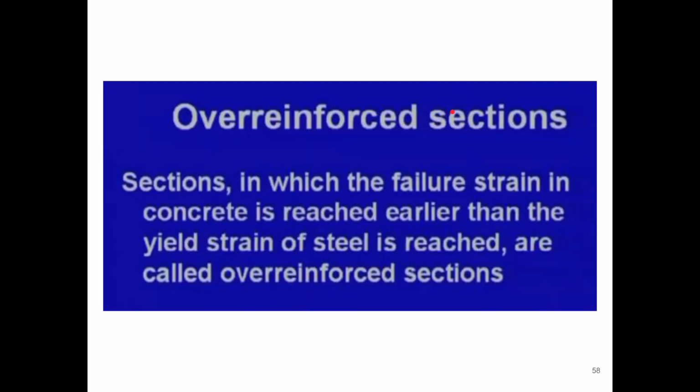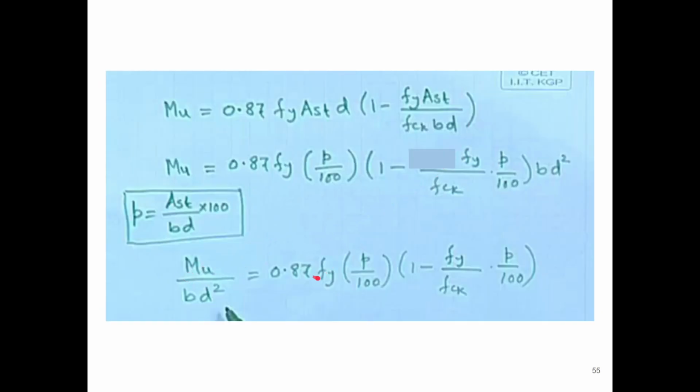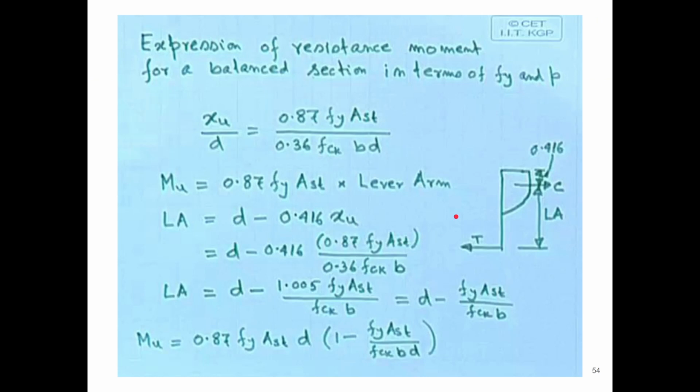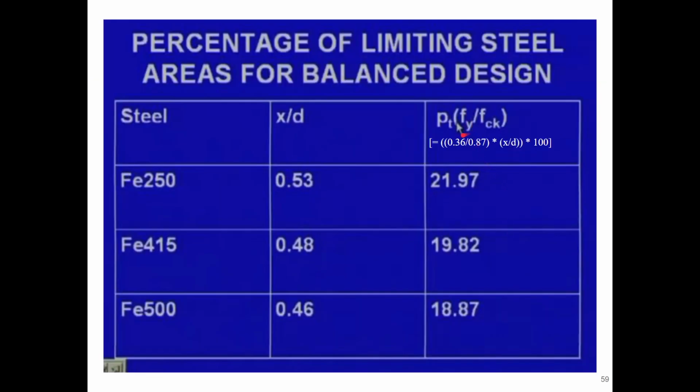Using the equations which we derived, PT into Fy by Fck is 0.36 by 0.87 into x by d into 100. Putting in these values, we obtain the PT into Fy by Fck value, which is 21.97% for Fe250, 19.82% for Fe415, and 18.87% for Fe500.